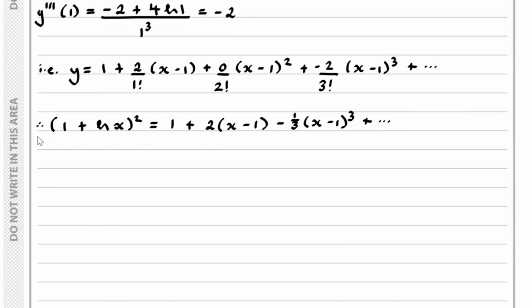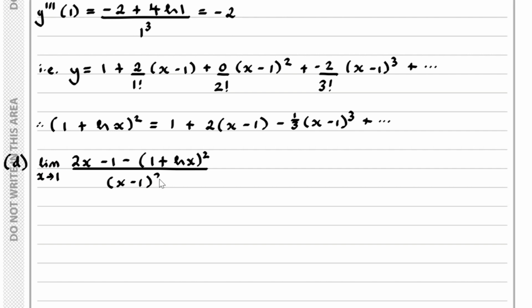So, for part D, we've got the limit as x tends towards 1 of 2x minus 1 minus 1 plus natural log of x squared over x minus 1 cubed. And because when evaluated this is something of the form 0 over 0, an indeterminate form, what we can do is instead use our series expansion.